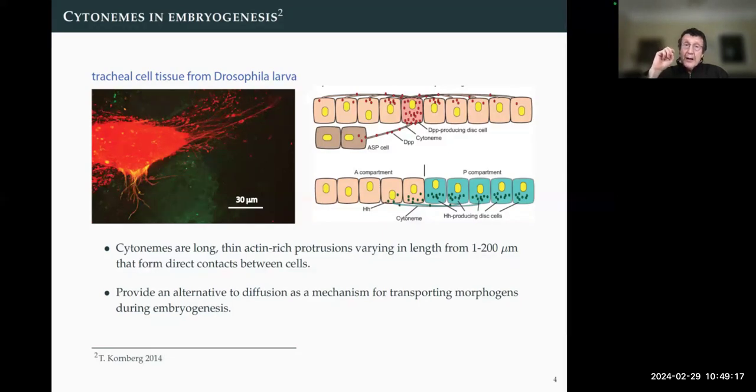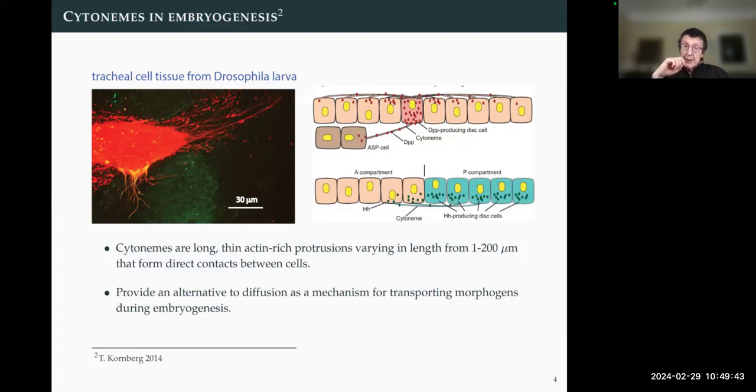Although they're very hard to image, they can extend up to 200 microns. They have diameters of, I guess, 10 to 50 nanometers. But you can actually see myosin motors and other things moving along these fibers, transporting cargo.